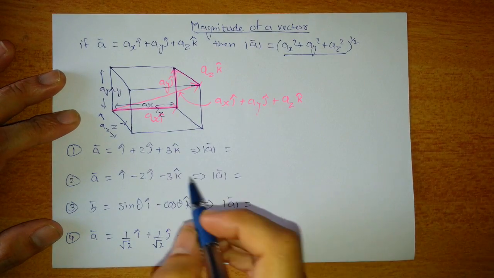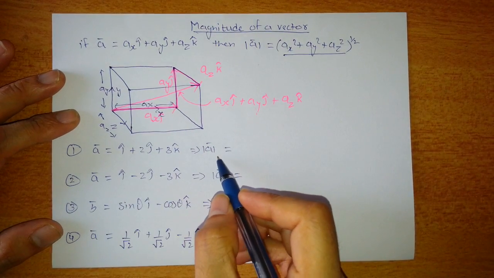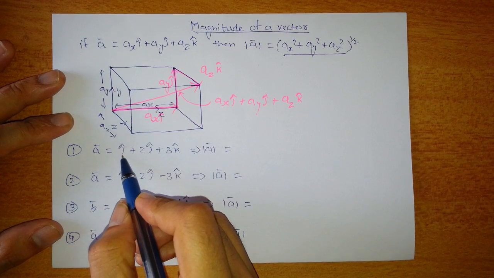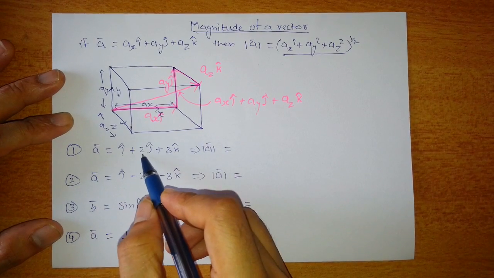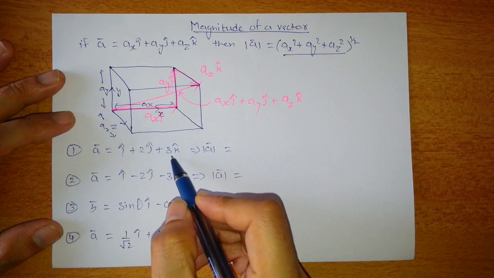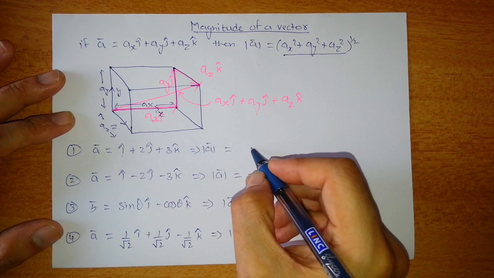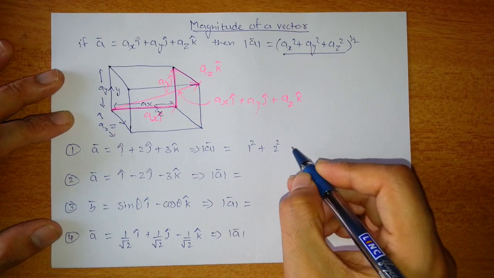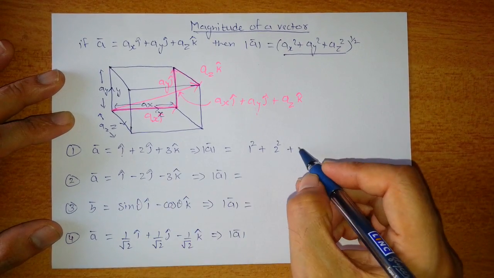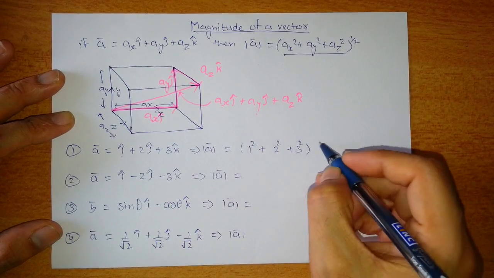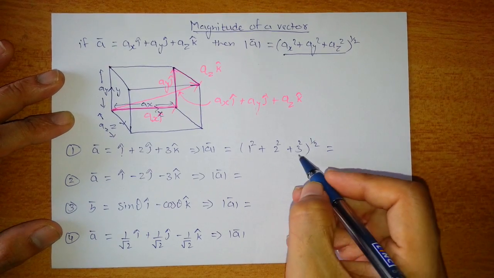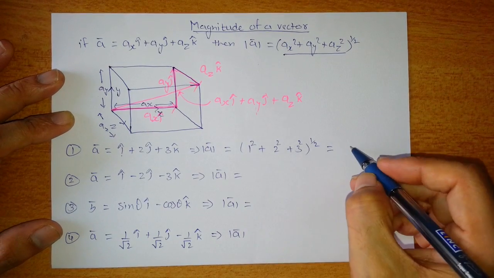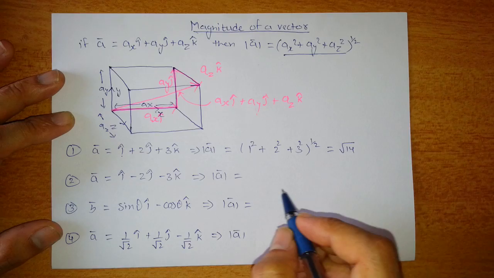Let's take some examples in which we have to find the magnitude of a vector. Vector A is given by i cap, 2 j cap plus 3 k cap. So the x component is 1, square of 1, the y component is 2, so square of 2, and the z component is 3. I'll take the root of that. So we get 1 plus 4 plus 9, 14, root of 14.